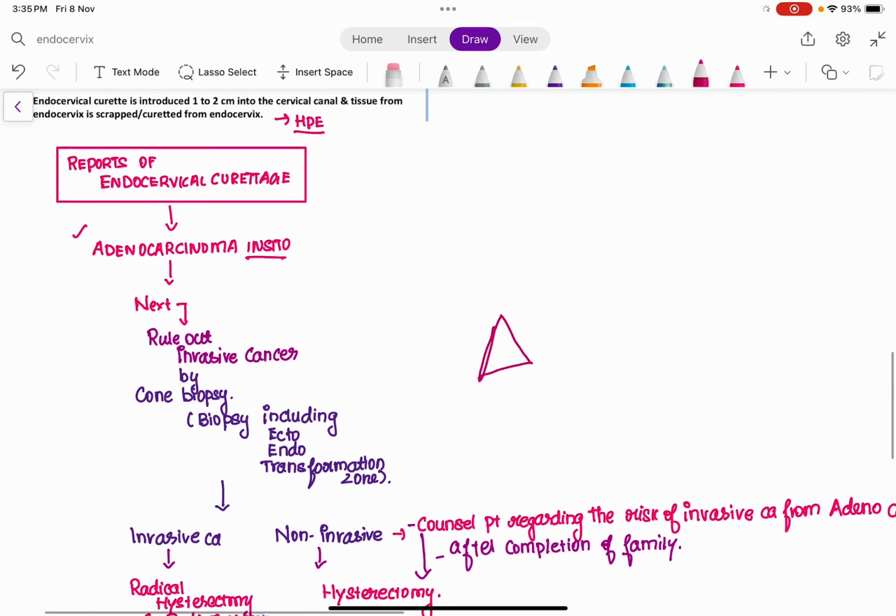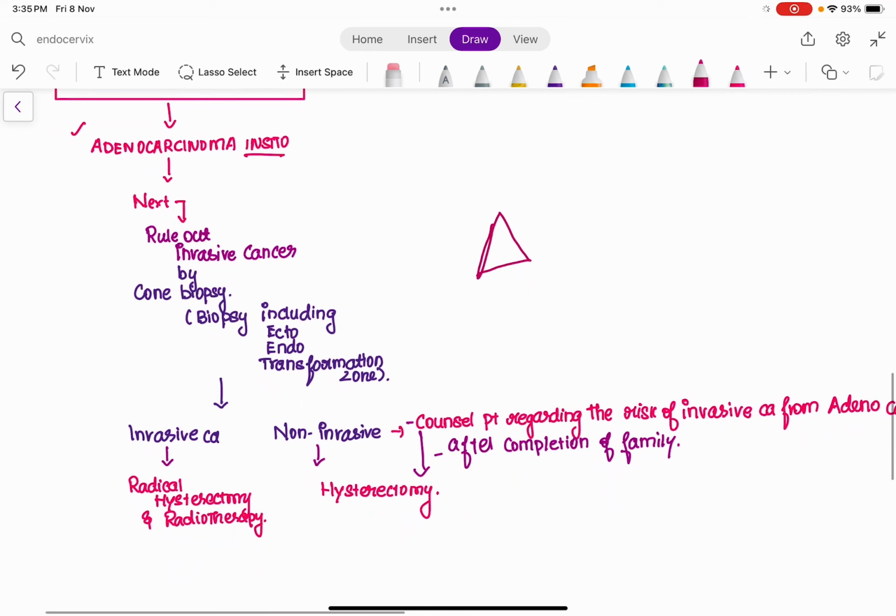So is that clear? Endocervical curettage, the report comes as adenocarcinoma in situ. The next step following this is that you do a cone biopsy in order to rule out any invasive cancer, right? The reason you can't take any decision based on endocervical curettage is that you are just going to curette it.